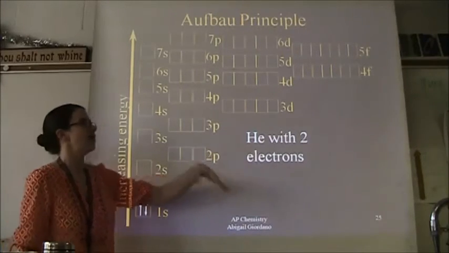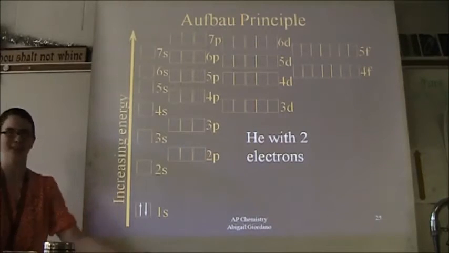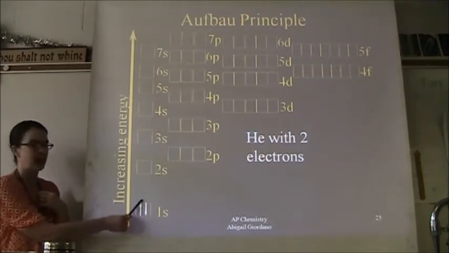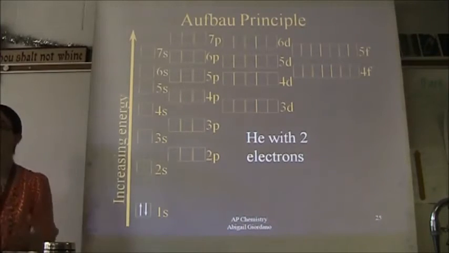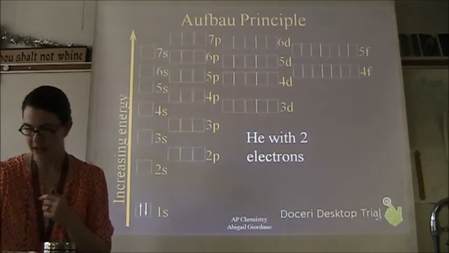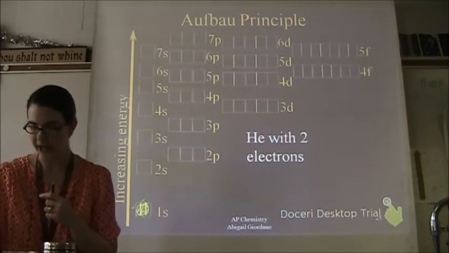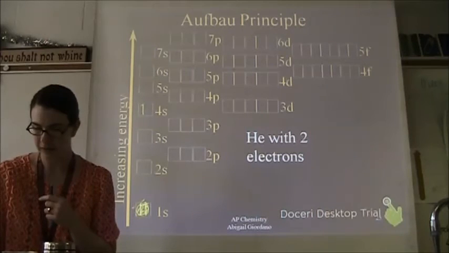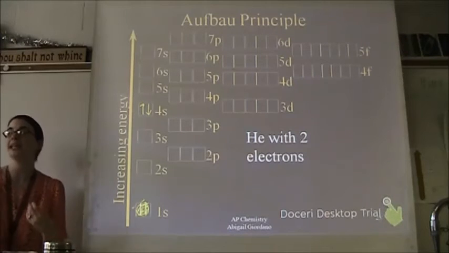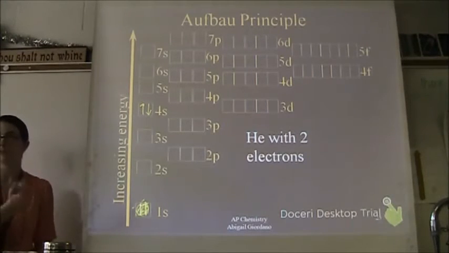Helium that has 2 electrons situate themselves as low in energy as possible. This would be a violation of the Aufbau principle if I did this. If they're not in 1s, but for some reason, I put them up there, that would be a violation of the Aufbau Principle.